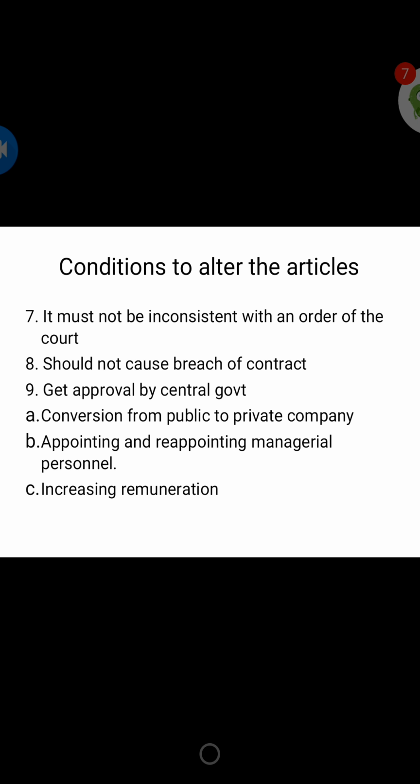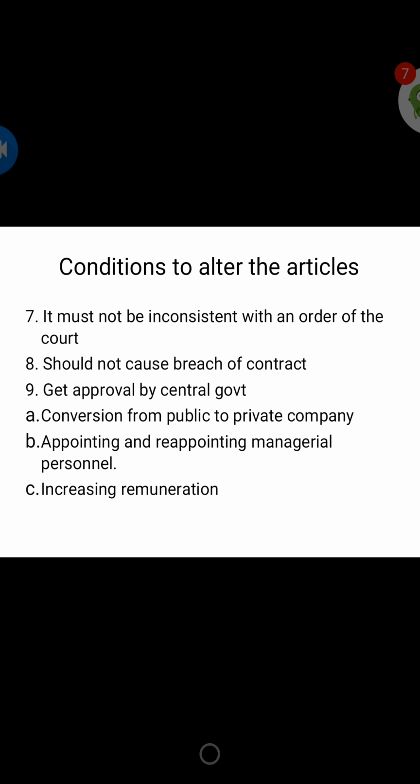The next is get approval by central government. In some cases you have to get approval or permission from the central government. Suppose you are going to convert your public company into a private company, or if you are altering matters relating to the appointment and reappointment of managers, managing directors, or the directors not liable to retire by rotation.